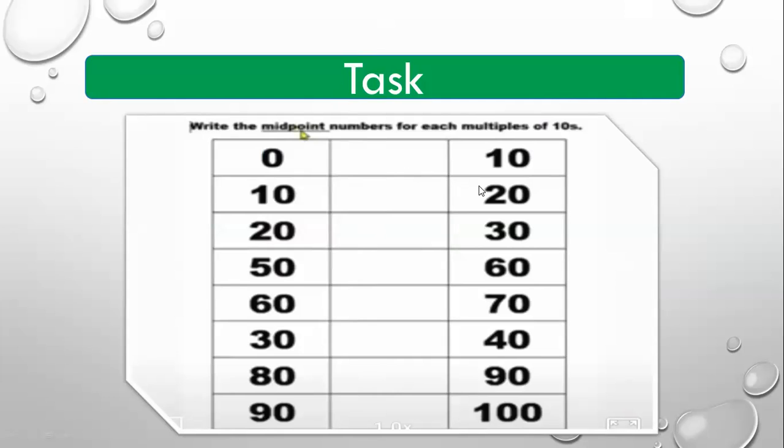From 10 to 20, 20 to 30, 50 to 60, 60 to 70, 30 to 40, 80 to 90, 90 to 100. This is your class task. You are going to solve it now in your notebook. You are going to write 0 and 10, and in the middle, you are going to write the midpoint after counting. Okay, boys? So you are going to find the midpoint between 0 and 10.